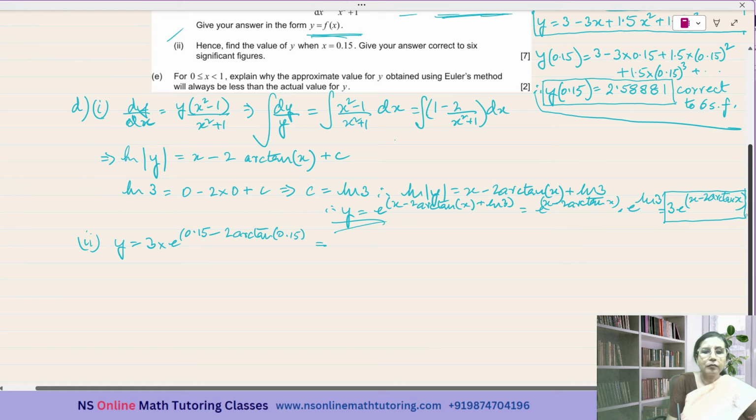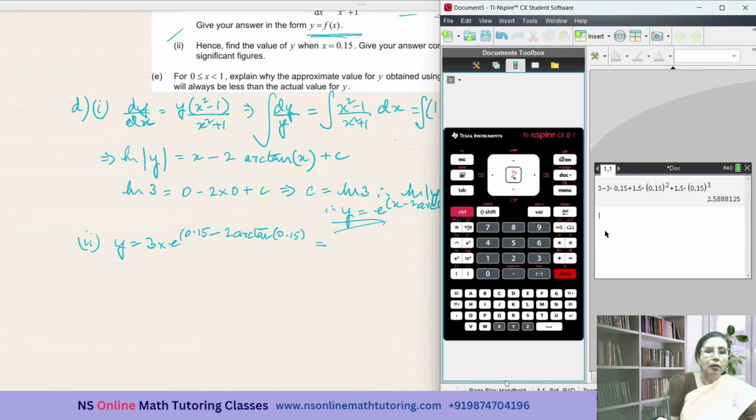Let us find out. 3 times e to the power of, let me put a bracket first of all, 0.15 minus 2 times arctan, that is tan inverse of 0.15. Okay, enter.